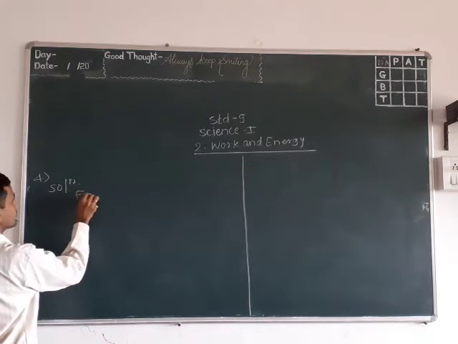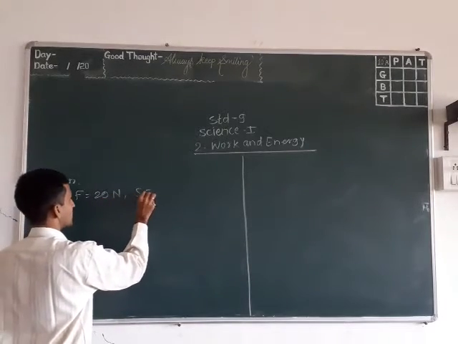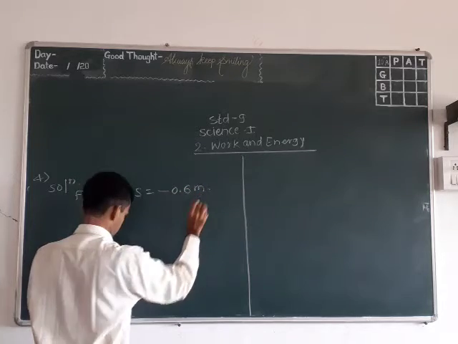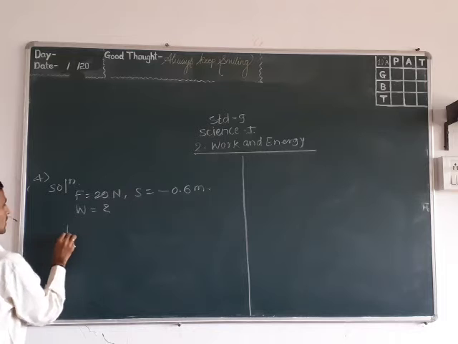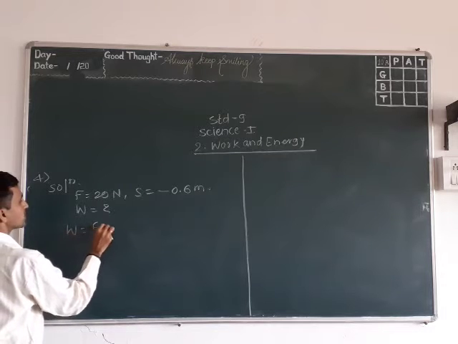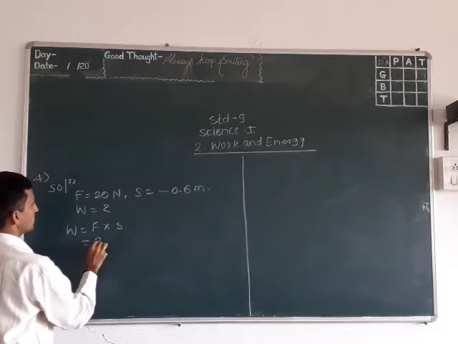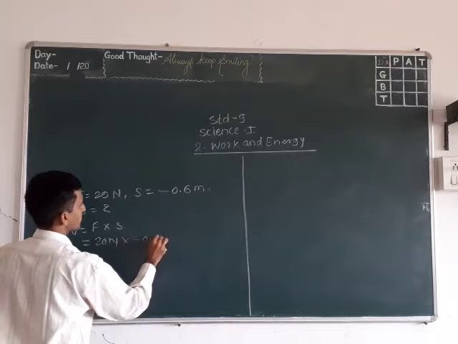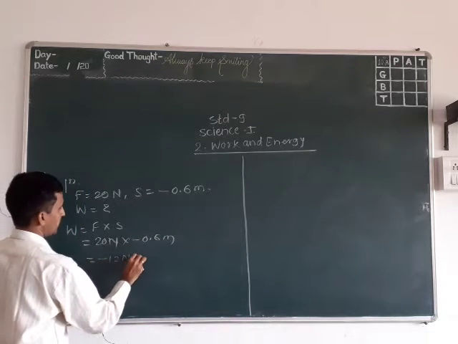F is equal to 20 Newton and s is equal to minus 0.6 meter. Find out work is equal to question mark. Work is equal to force multiplied by displacement, F multiplied by s. Substituting values, 20 Newton multiplied by minus 0.6 meter is equal to minus 12 Newton meter.